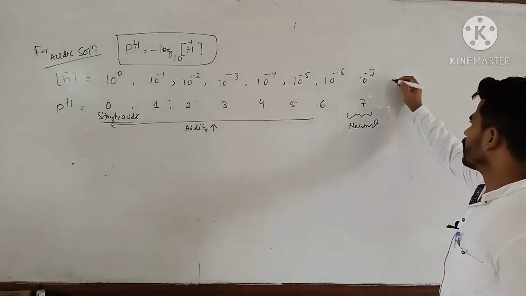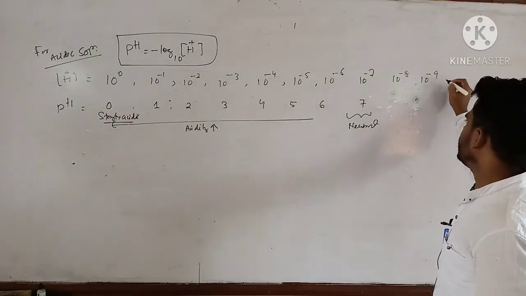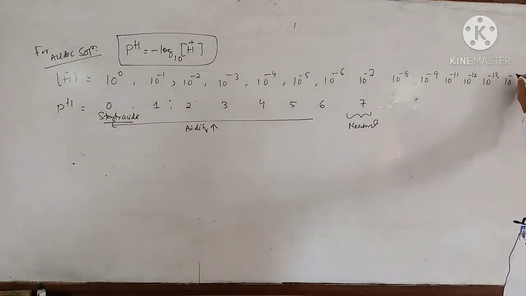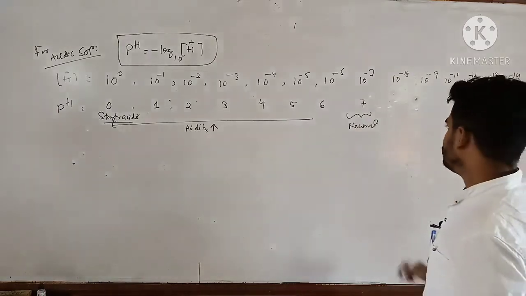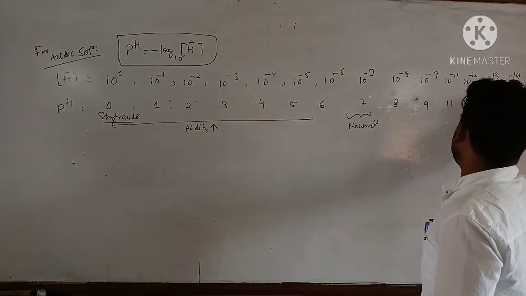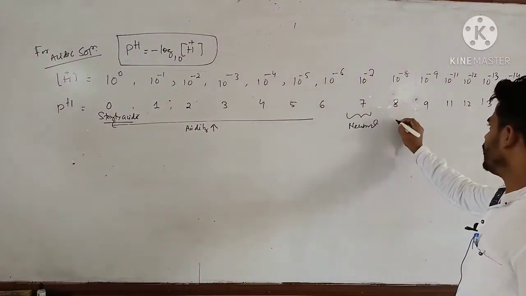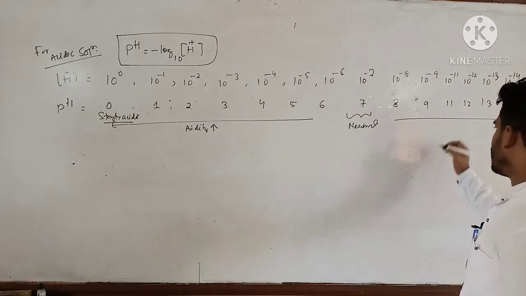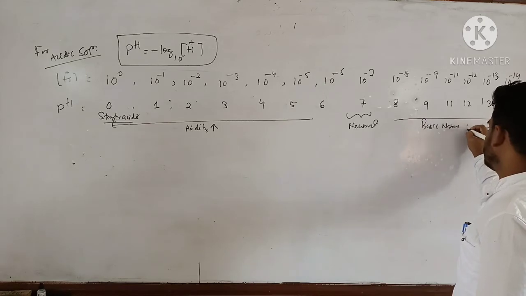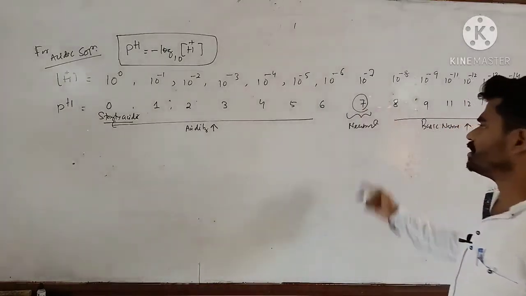After that, the concentration of H plus ions decreases: 10 to the power minus 8, 10 to the power minus 9, 10 to the power minus 11, 10 to the power minus 12, 10 to the power minus 13, and finally 10 to the power minus 14. What should be the value of pH over here? That should be 8, 9, 11, 12, 13, and finally 14. So from here you can conclude that the alkaline nature, or you can say the basic nature, increases, and pH 7 is neutral.